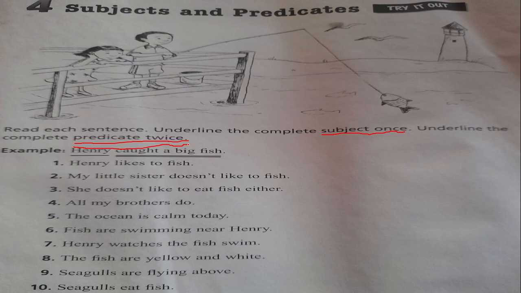Let's read the example. Henry caught a big fish. The subject is Henry. Caught a big fish is the predicate. Okay, let's do number one. Henry likes to fish. Okay, so we know that Henry is whom are we talking about, the subject, and the predicate likes to fish with two lines.